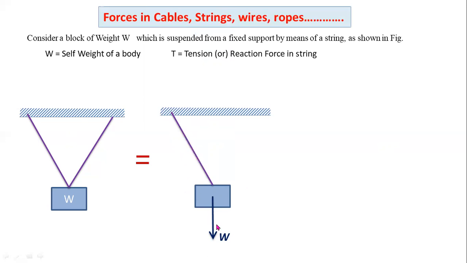Due to the action of this force, opposite tensile forces develop in each string. Here T1 is the tensile force developed in string 1, and T2 is the other tensile force developed in string 2.